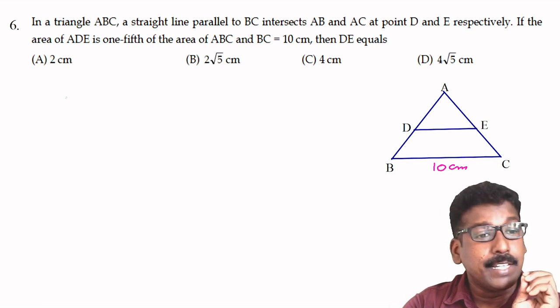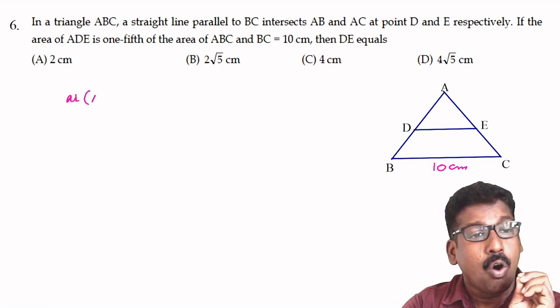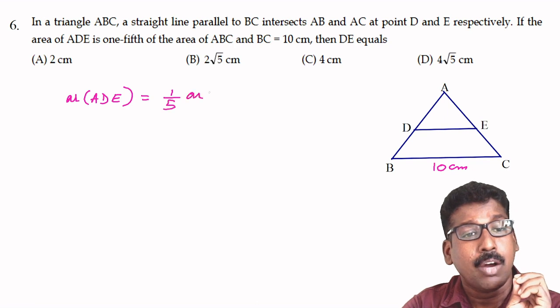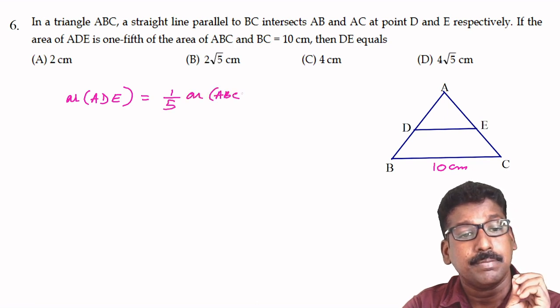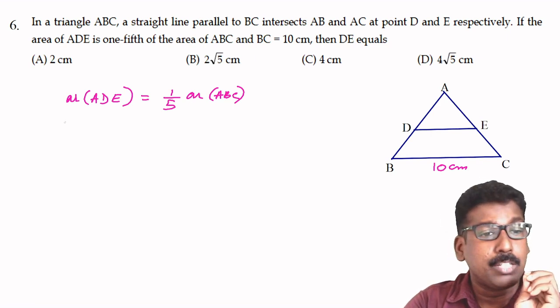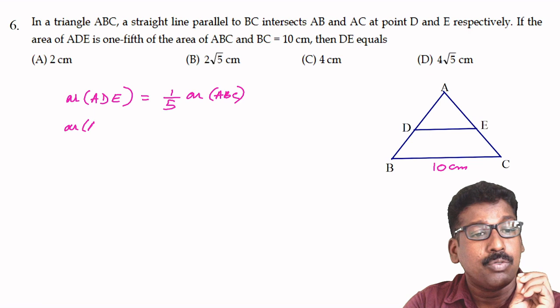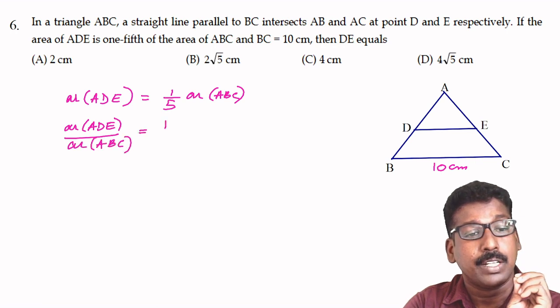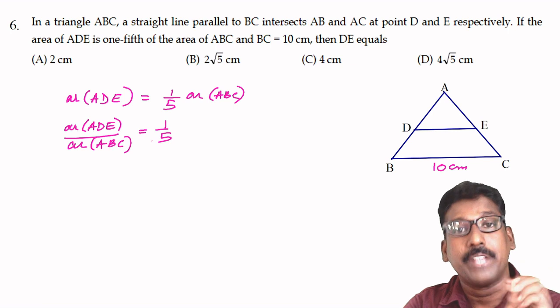Here the condition given is area of triangle ADE, that means the small triangle, is equal to 1/5 of area of ABC. Or you transpose ABC to the other side: area of ADE by area of ABC, you can write it as 1 by 5.